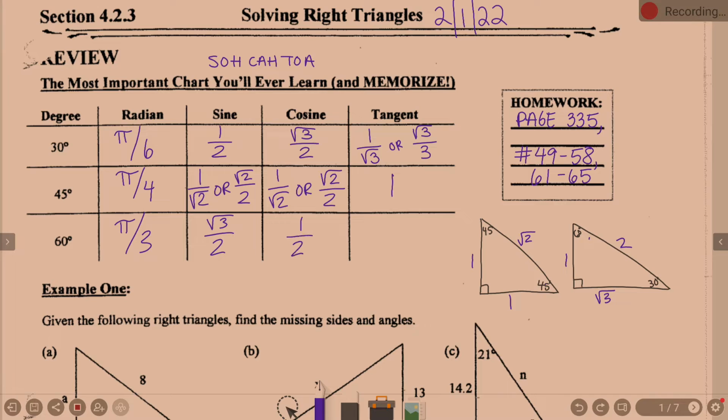Or cosine is adjacent over hypotenuse, so from 60, 1 over 2. And what about tangent of 60? It is square root of 3. It's the reciprocal of tangent of 30, or from 60, opposite over adjacent, so square root of 3 over 1.